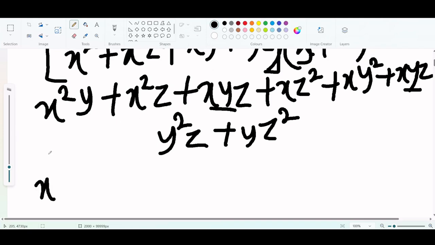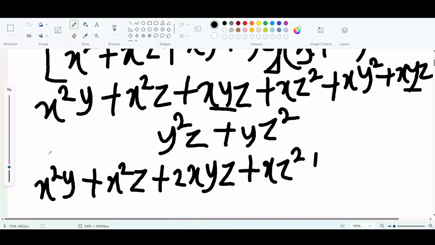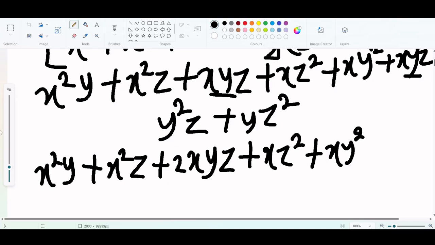So it's going to be x squared y plus x squared z plus 2xyz plus xz squared plus xy squared plus y squared z, right?